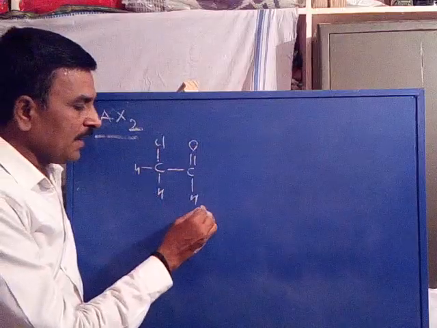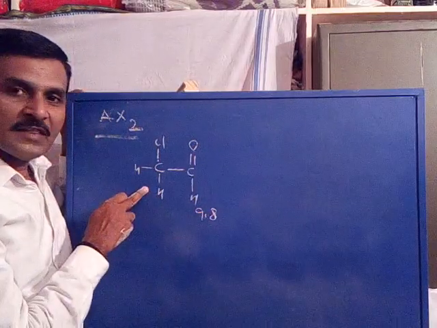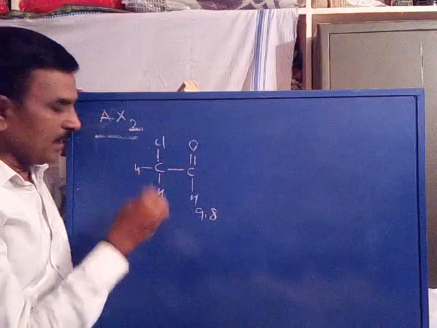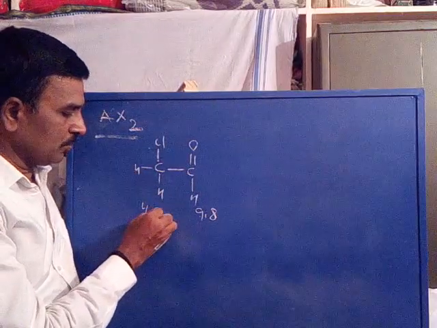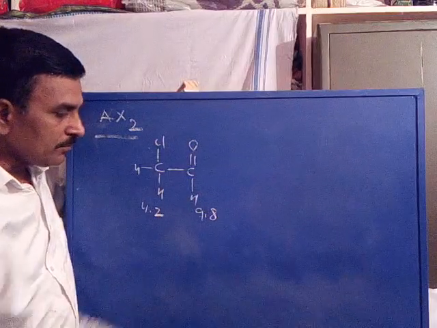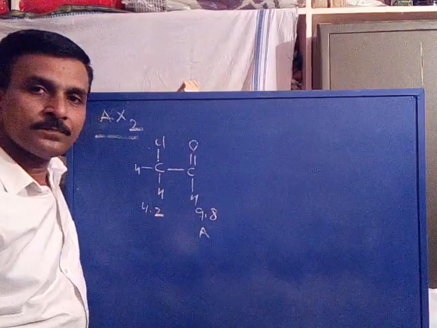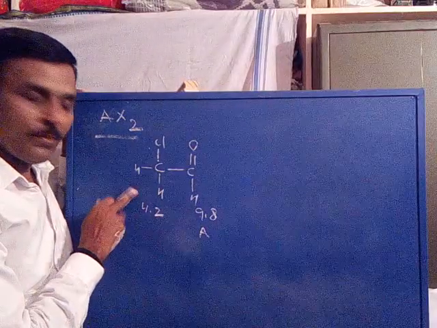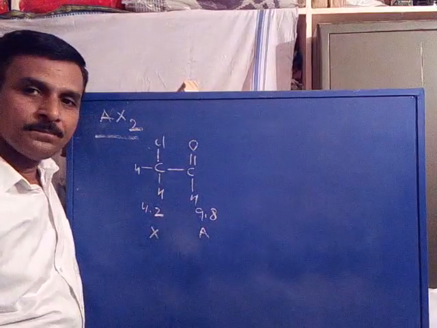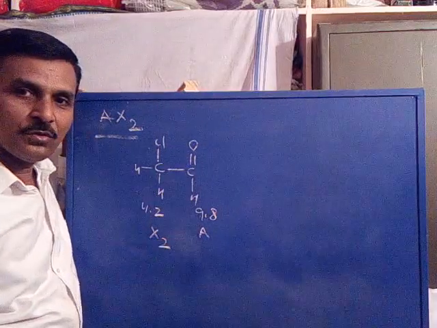The aldehyde proton appears at 9.8. The methylene protons attached to chlorine appear at 4.2. There is a large frequency difference. So the higher delta value proton is the A proton. The lower delta value proton is the X proton, where X has two protons, therefore X2.